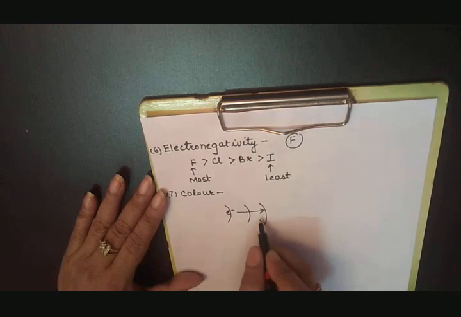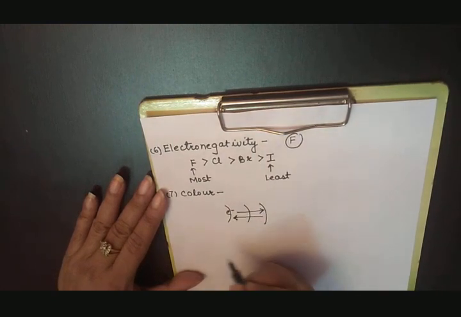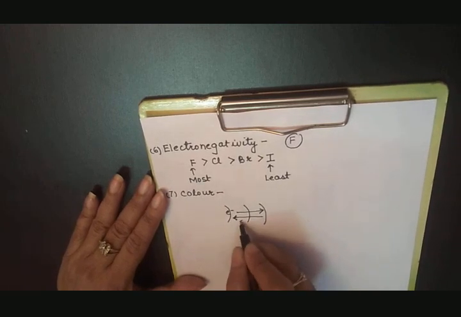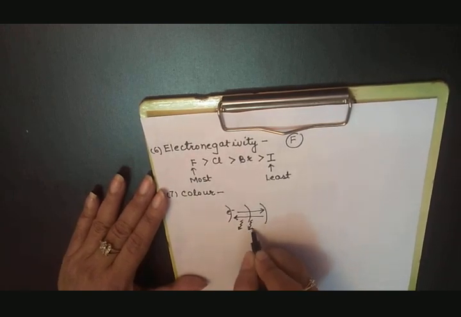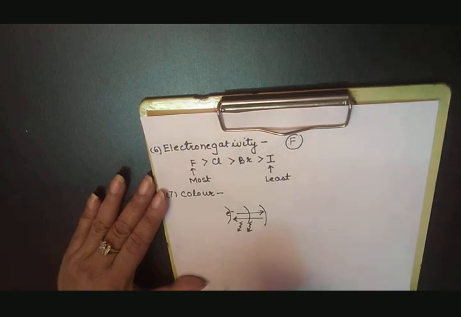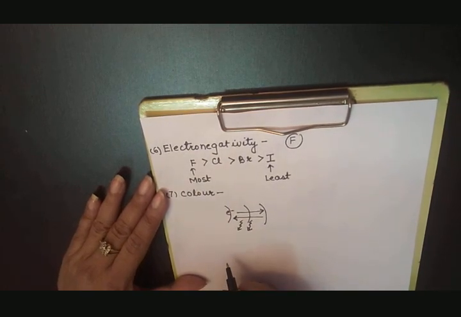Then this electron returns to its original state. During this process, they emit some energy and show colors in the visible spectrum, that is VIBGYOR. This excitation energy is different for different halogens. It depends on the size of the atom.